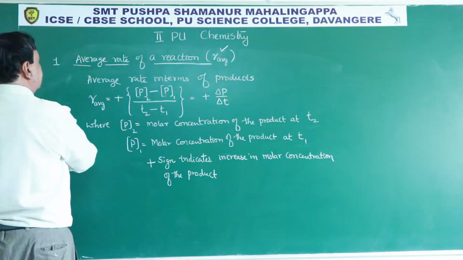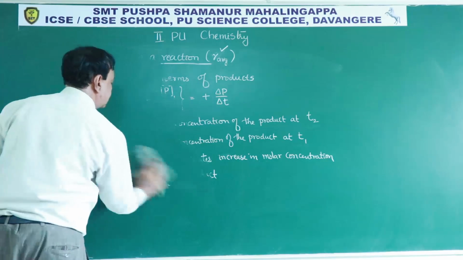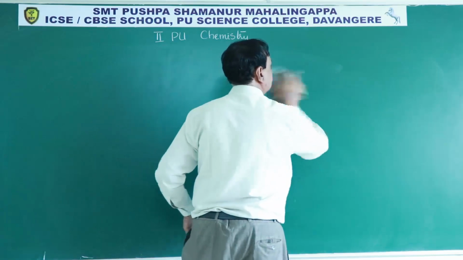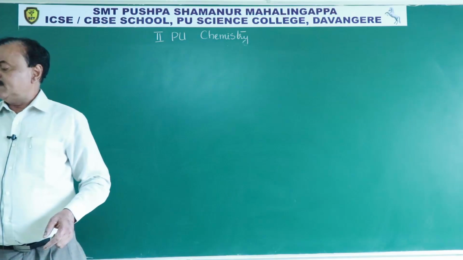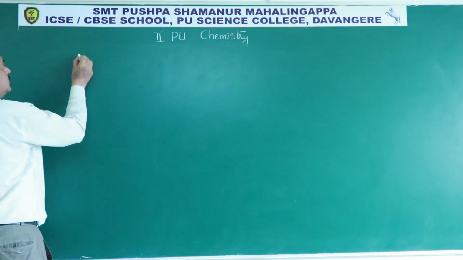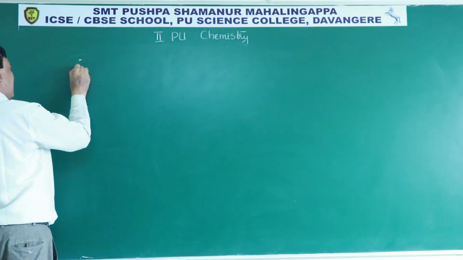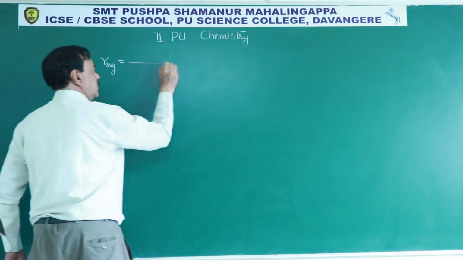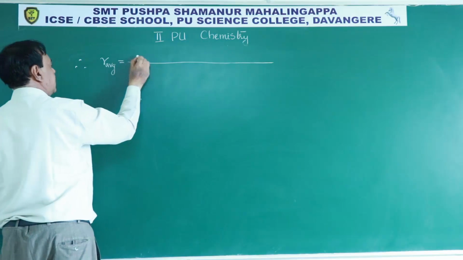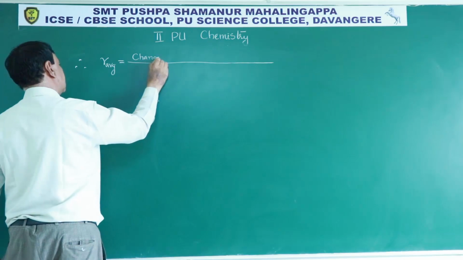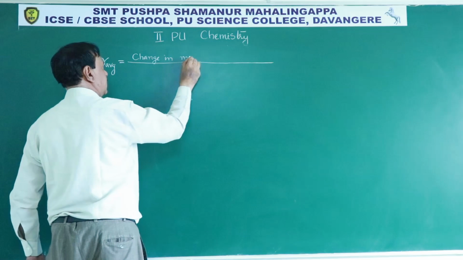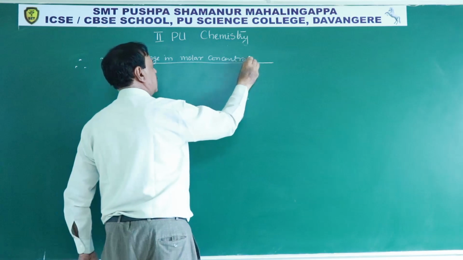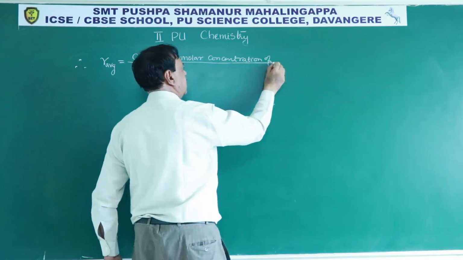Therefore, average rate of a chemical reaction is given by change in molar concentration of the reactant divided by time taken.